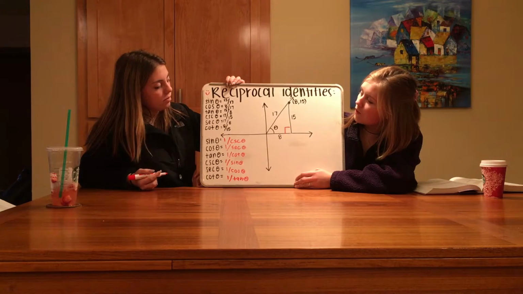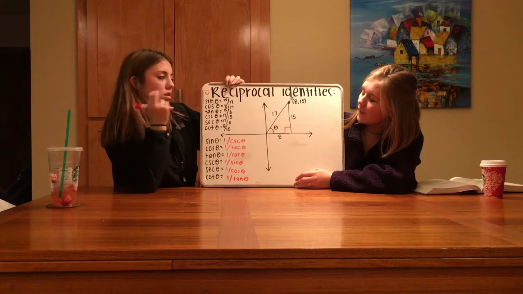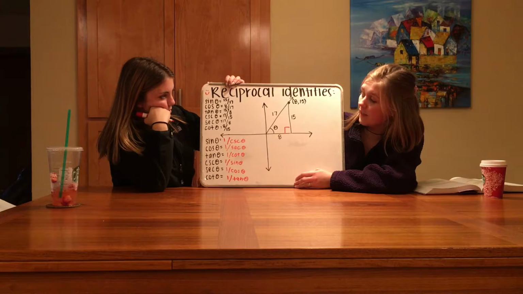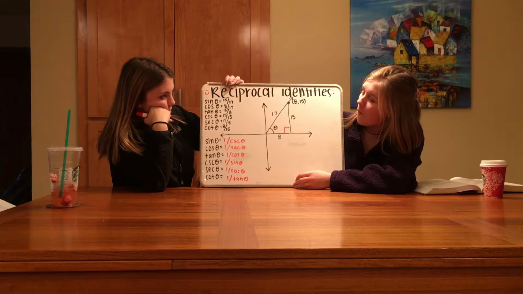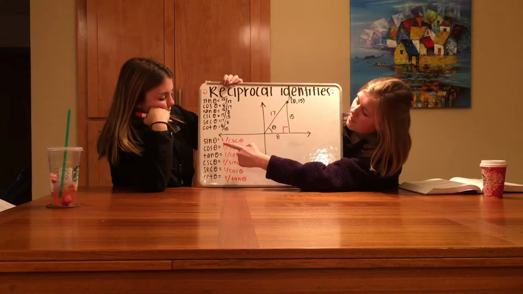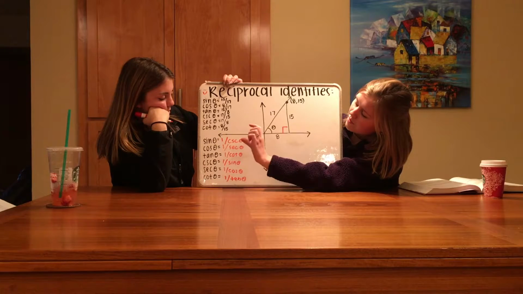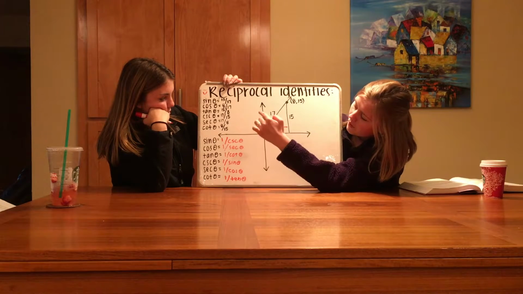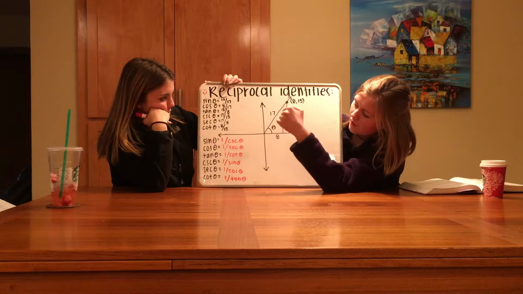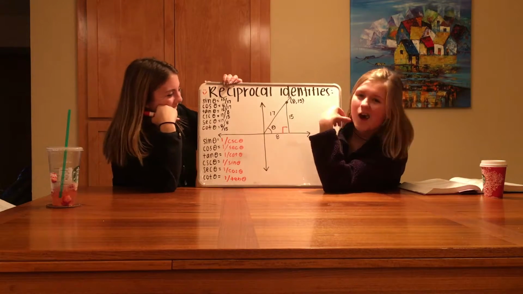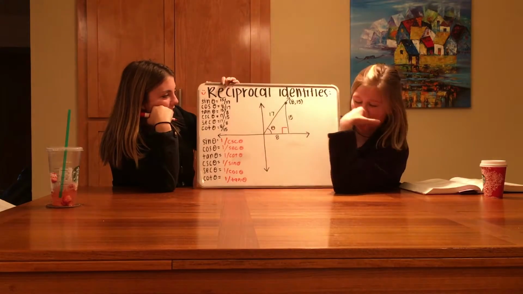So do you remember how cosecant, secant, and cotangent are just the reciprocals of sin, cosine, and tan? Well, what this is basically saying is it'd be 1 over the reciprocal of its reciprocal.